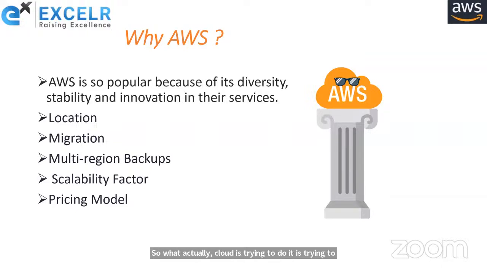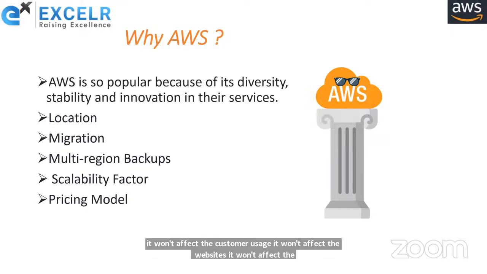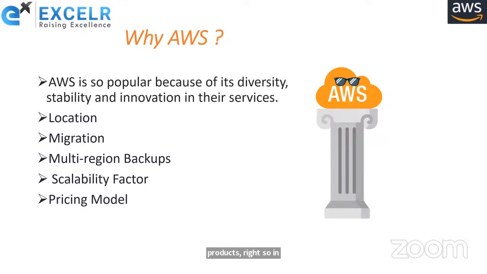Based on the project requirements and utilization, Amazon takes care of scalability so that it won't affect customer usage, the websites, or the products. So companies shouldn't worry about deploying their infrastructure into the cloud.